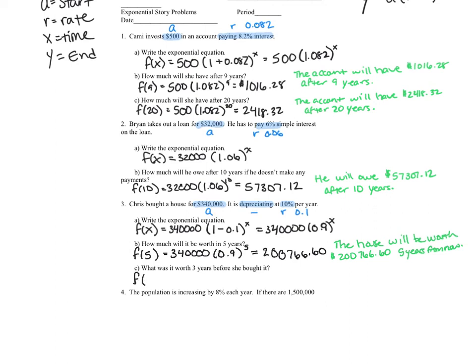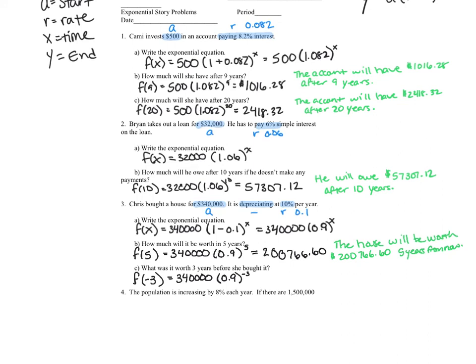So we're going to find f of negative 3. So f of negative 3 is equal to 340,000 times 0.9 to the negative 3.